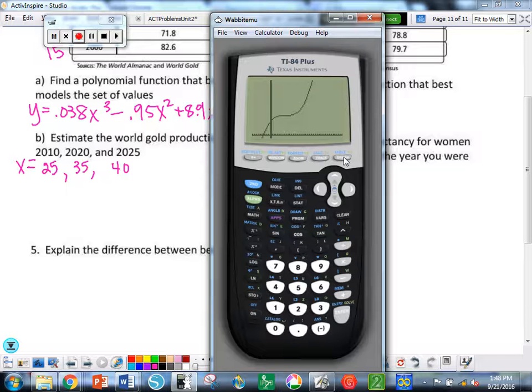What's your window? All right, so if I want to know what's happening in the year 2010, yes. In the x. The x's, yeah.